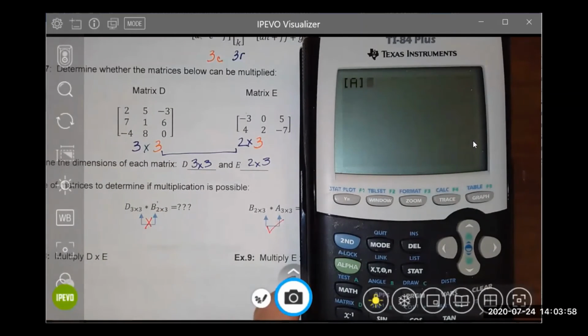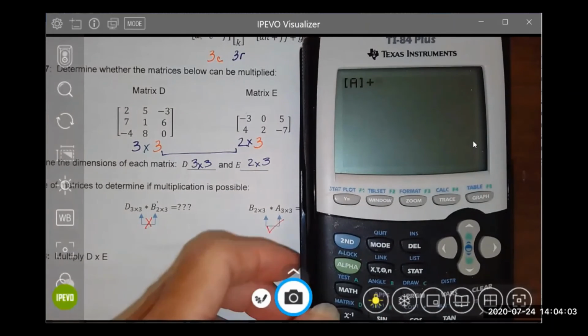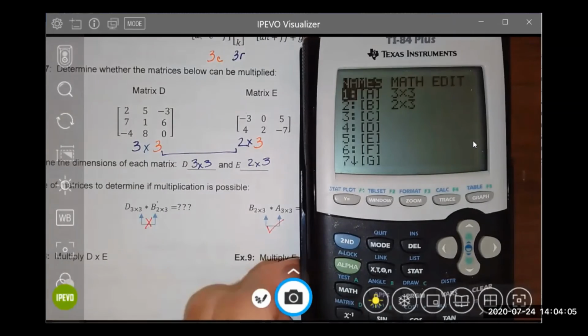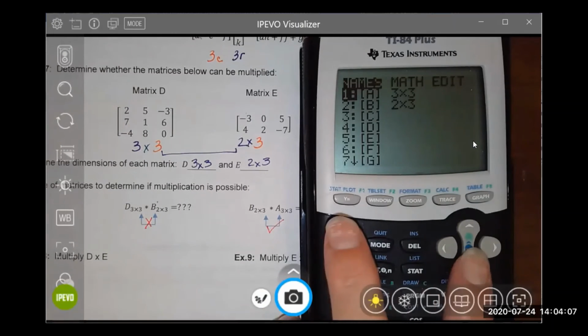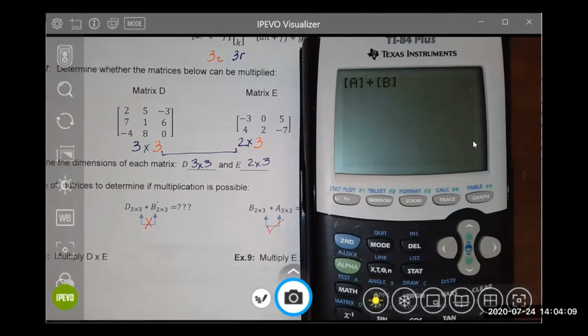So I'm going to take matrix A, and notice it puts it in the home screen. And if I want to, I can add it to second matrix. I'm going to choose the second one, or you can arrow down and select it this way. And you can see it's going to add A plus B, which it can't do because they don't have the same dimensions. I knew that.